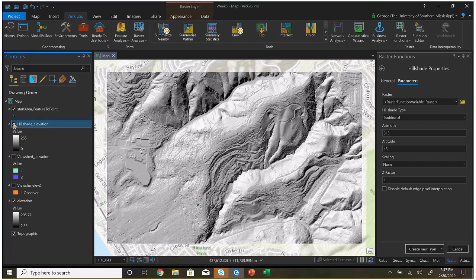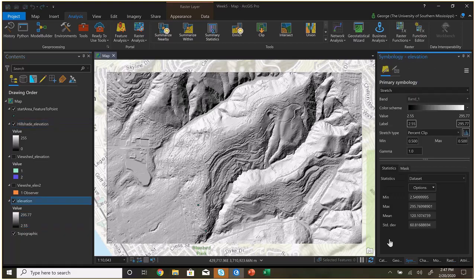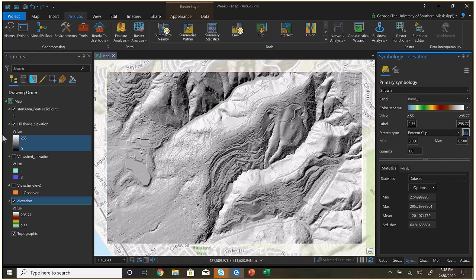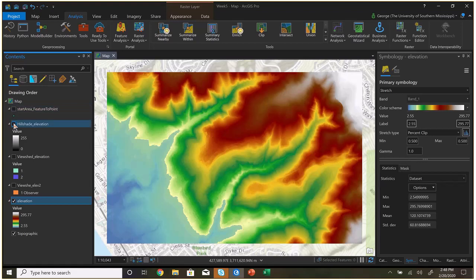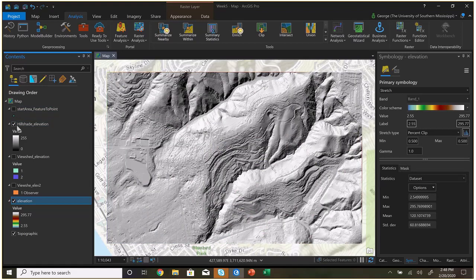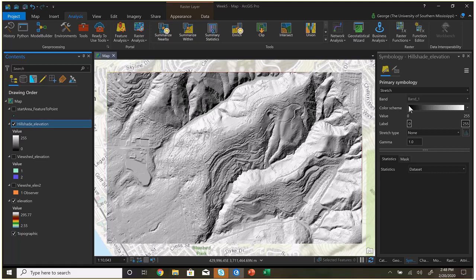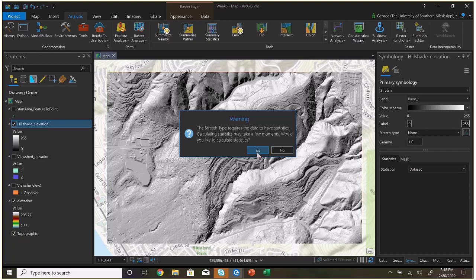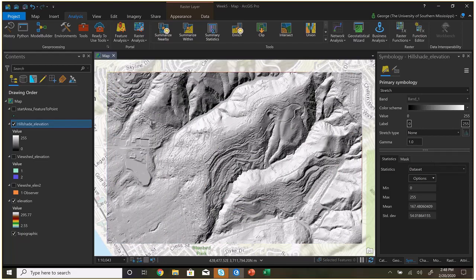Okay. Now, one thing that some people like to do is combine data. We choose a color scheme that might be appropriate for an elevation data set, right, like that. And then we could set the transparency. Where is the transparency?